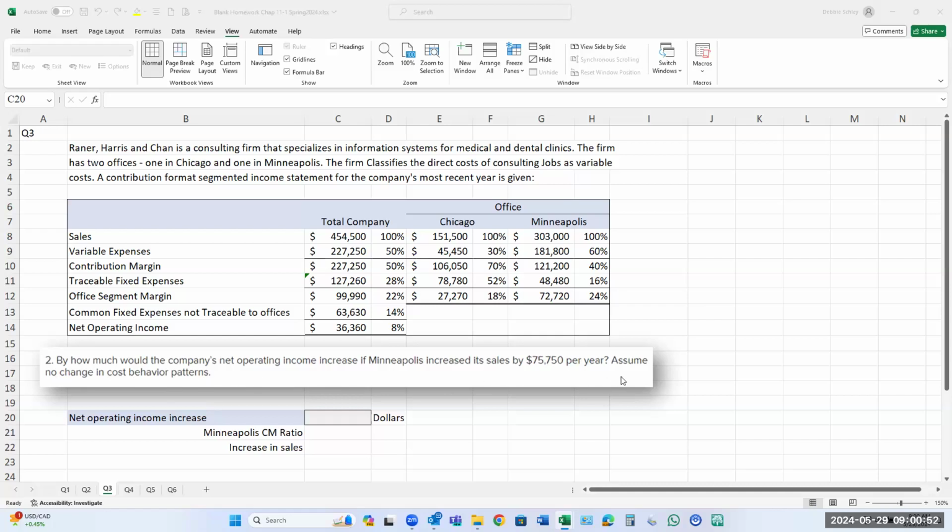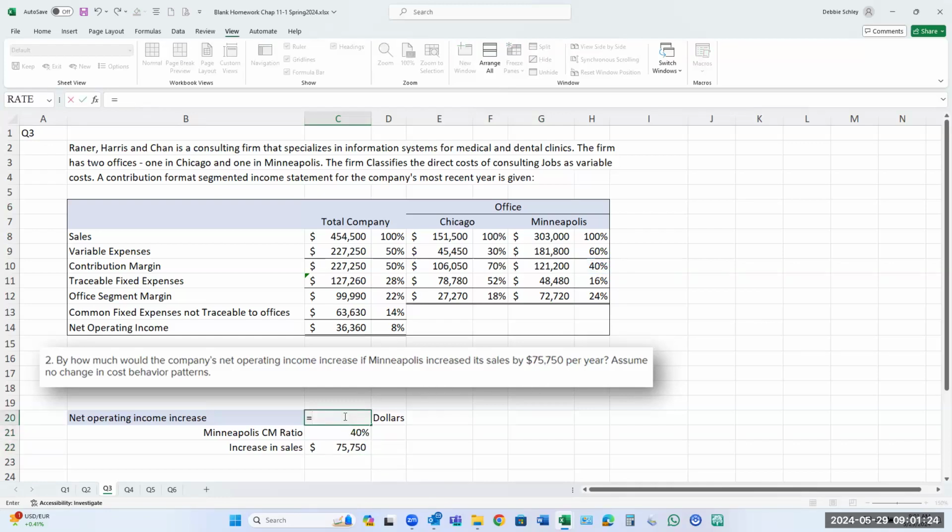So that's important because what I'm about to do only works if all that changes is you increase sales. So selling price didn't increase, variable expenses didn't increase, fixed expenses didn't change. All that changed was we sold more. So I can take that increase in sales, 75,750, and multiply it by that office's, so Minneapolis, contribution margin ratio.